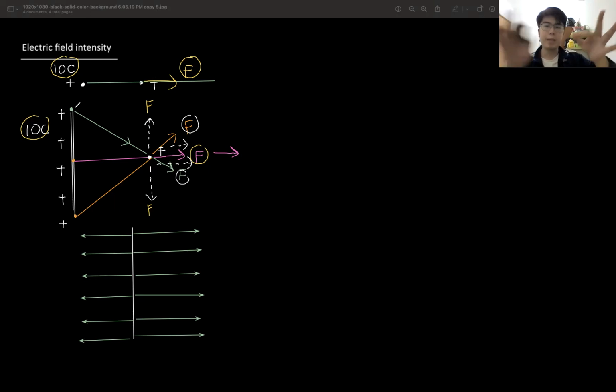Sometimes you have a line that is very long, like a wire. Like the distribution of electricity in all regions of the country, the transmission line, very long. There's a line of charges. So this is the electric field. Now, this is 2D, right? How does it look in 3D? In 3D, this is like a cylinder.